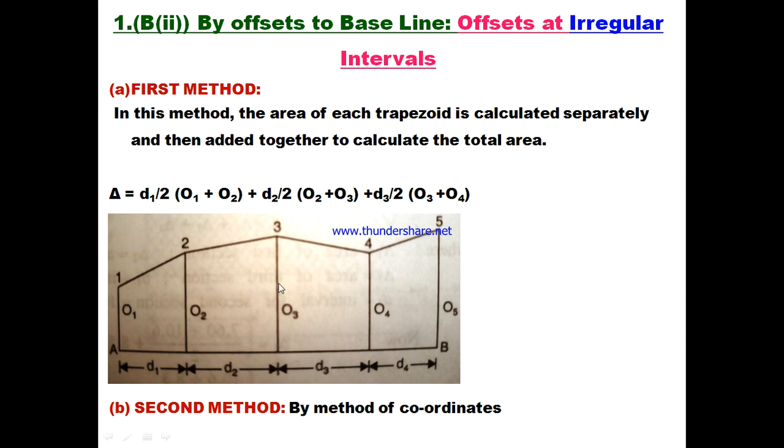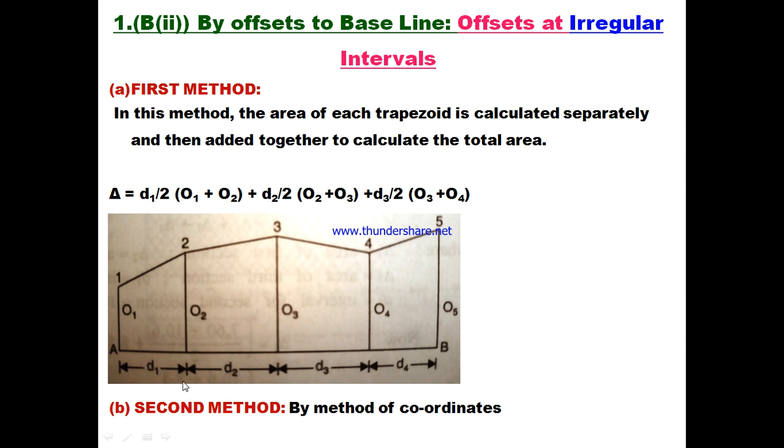We have divided this rough area into a number of trapezoids, and the area of each trapezoid is calculated separately, and then they are added. Because here the offsets are not at regular intervals. Suppose the offsets are at distances d1, d2, d3, d4, so many offsets are there with unequal distances.